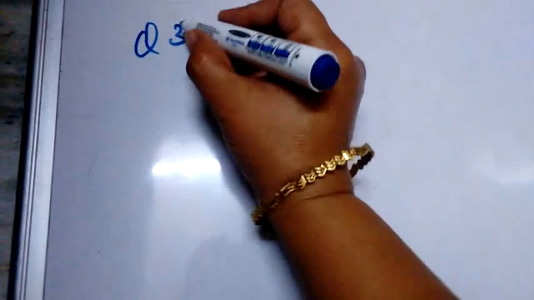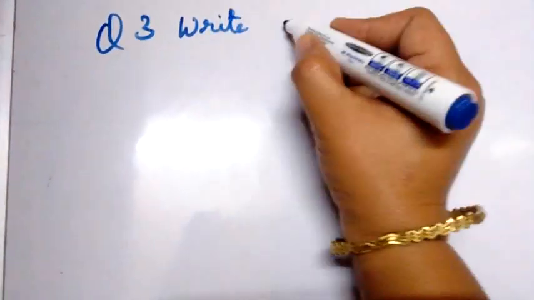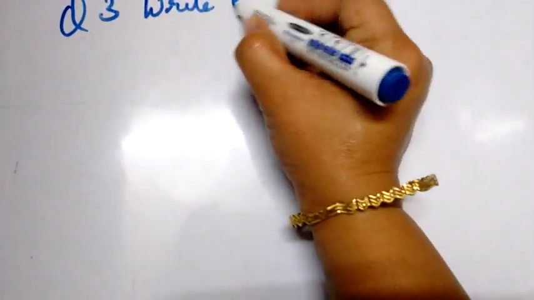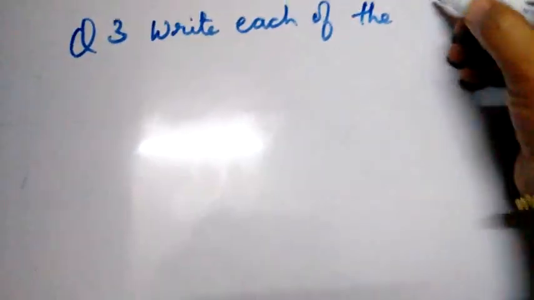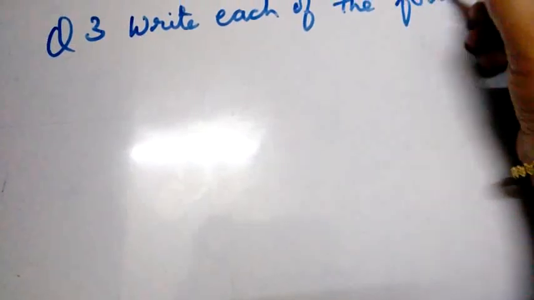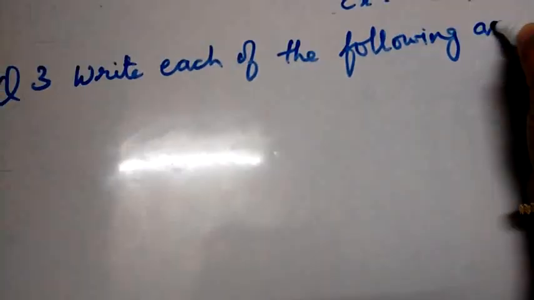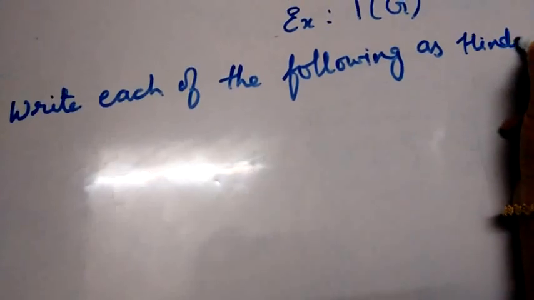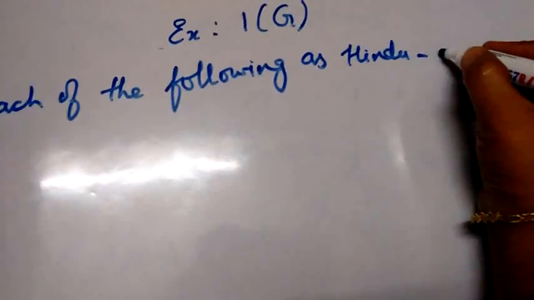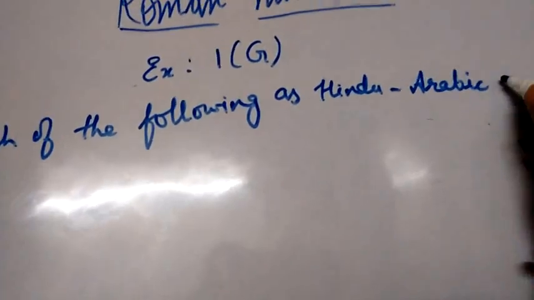Now question number 3 is write each of the following as Hindu Arabic numeral.